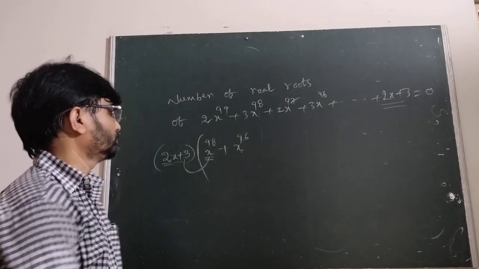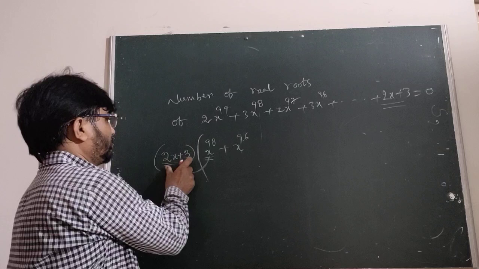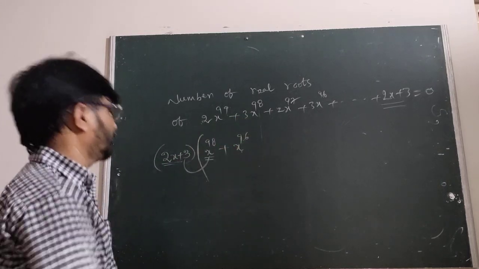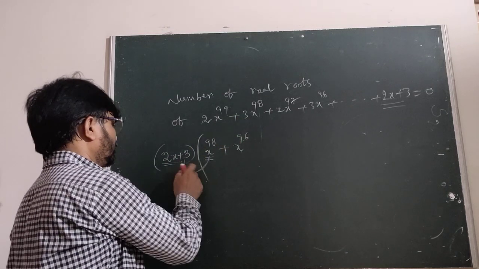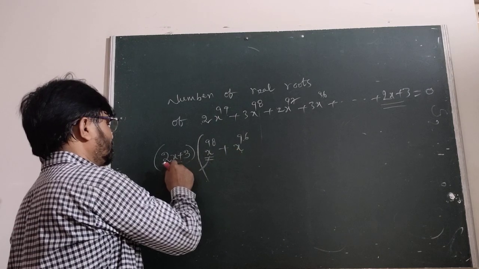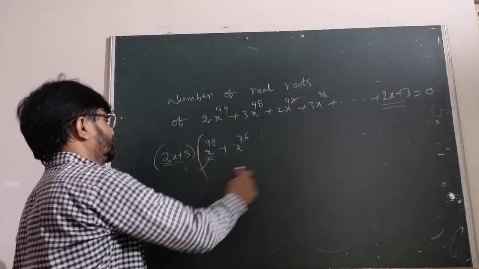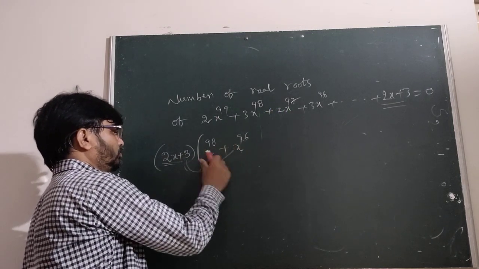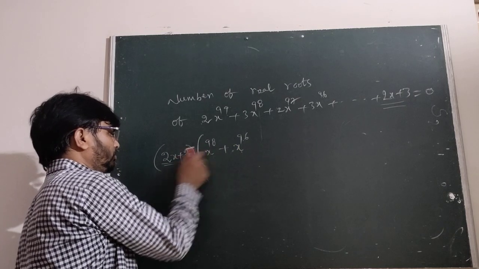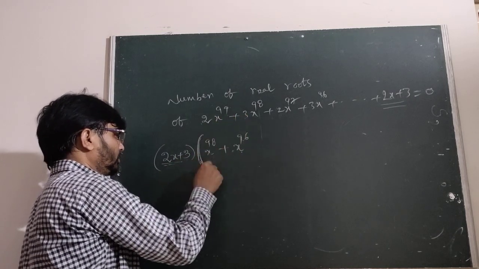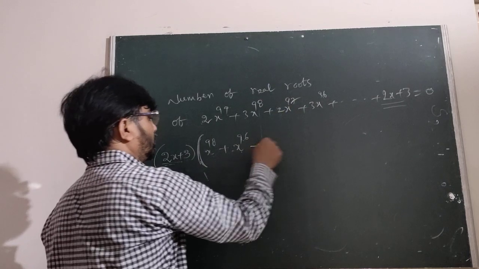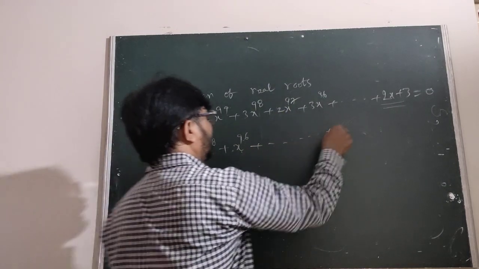So the first one multiplied with this one, we have got this one. Suppose these are multiplied with these two, this is 2 into x power 97, and suppose we multiply with this one, we get these two, and so on.